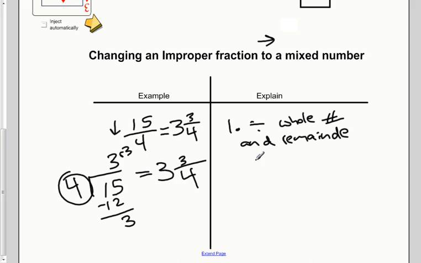Okay, so again, your whole number is going to go here, and then our remainder is going to be our numerator. So this is the whole number of times that the denominator goes into the numerator. And then on the bottom here, we're just going to write a note that the denominator stays the same.